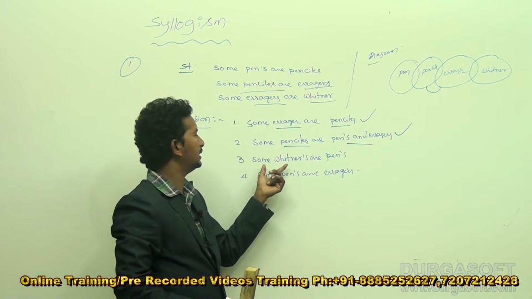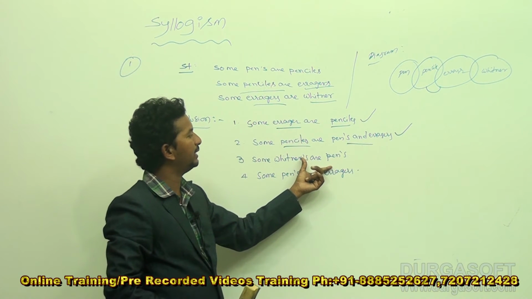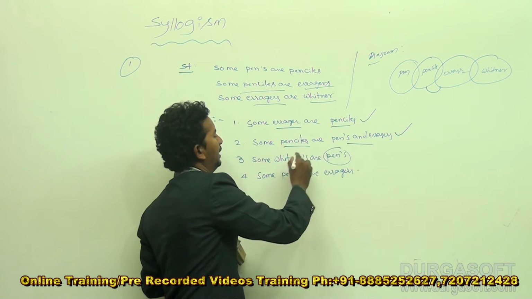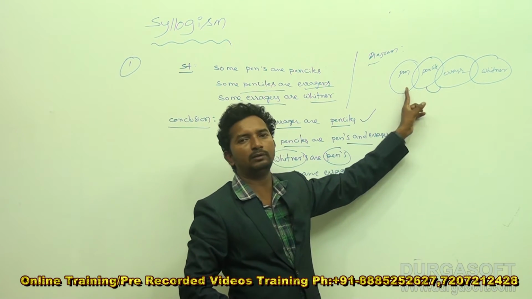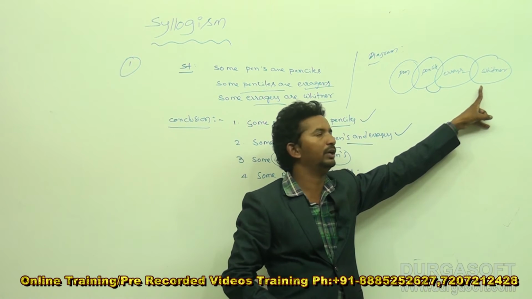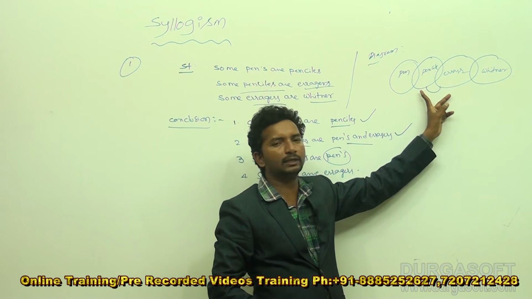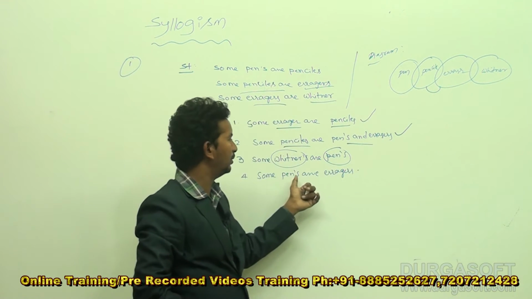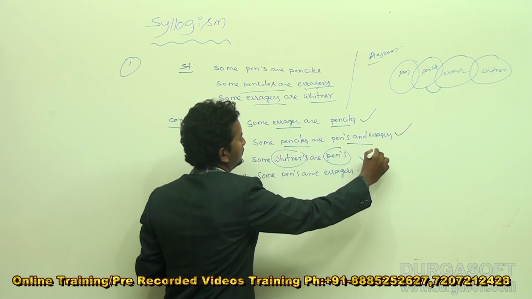Coming to the third conclusion, some whiteners are pens. Where is the whitener? Where is the pen diagram? This is the pen, this is the whitener. The pen is an individual part and the whitener is also an individual part. So these are individual diagrams, they never follow "some".